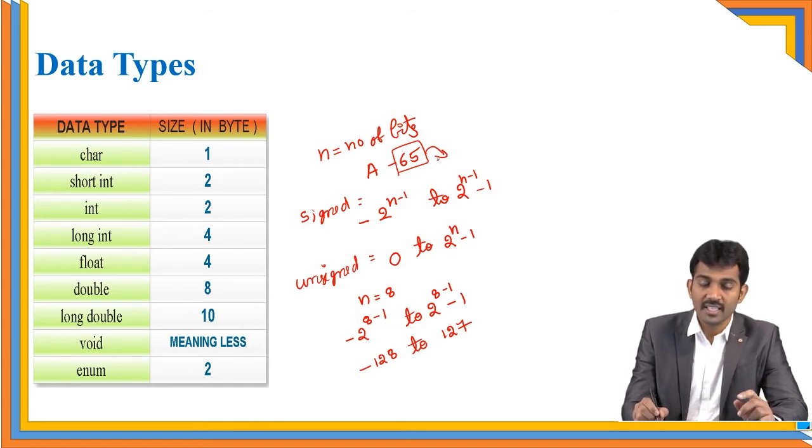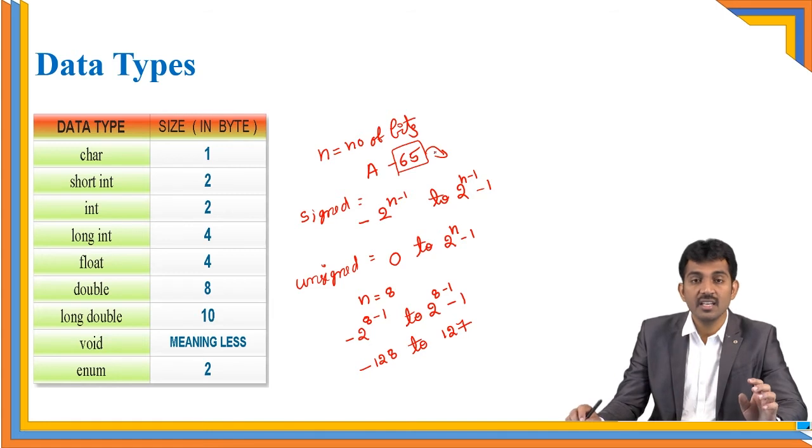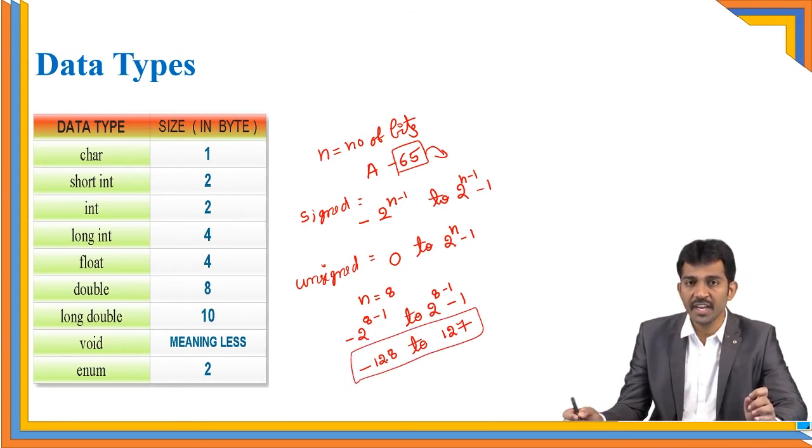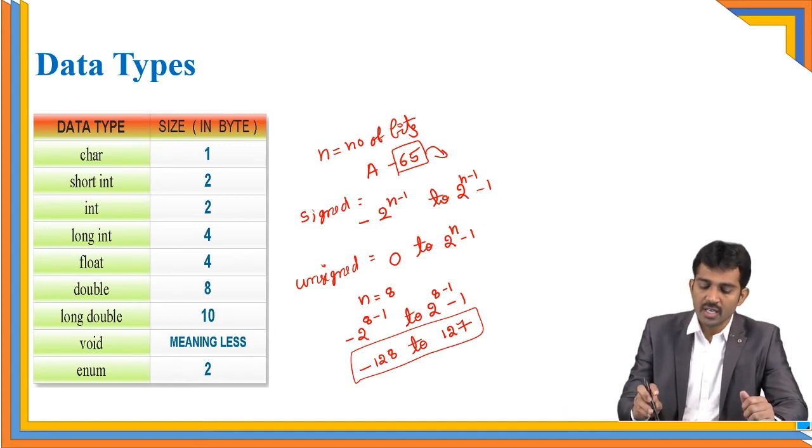Please remember, like that, every character contains one specific ASCII value. We'll see later, right? So it is going to store values from -128 to 127.